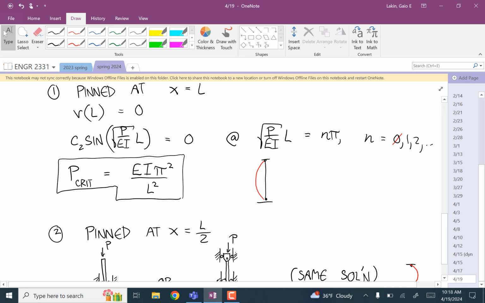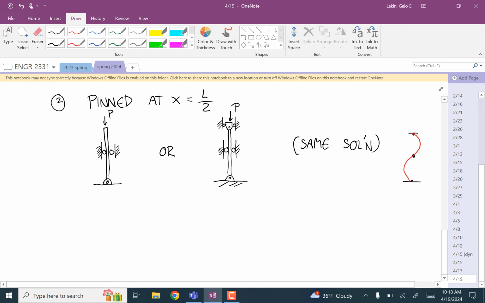Then the only limit is the compressive strength of the material. Oh, the maximum deflection. Yes, you are right. The maximum deflection will be at the midpoint between restraints. That is correct, because it's sinusoidal functions.